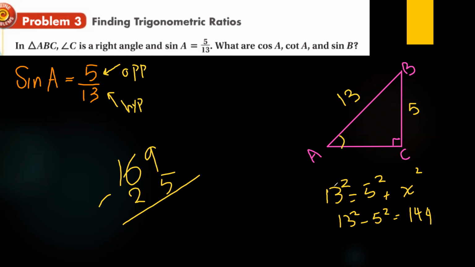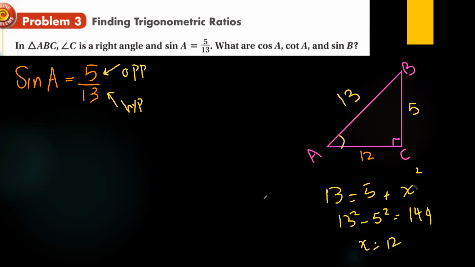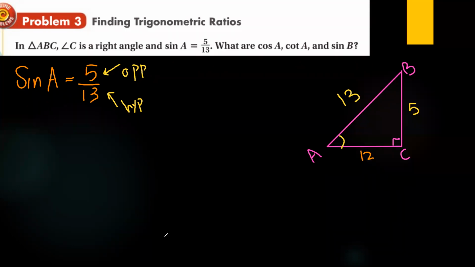So that means x will be 12. So here, the length of this side will be 12. So from this side of A, I can find the opposite, the hypotenuse, and then I can find the adjacent.